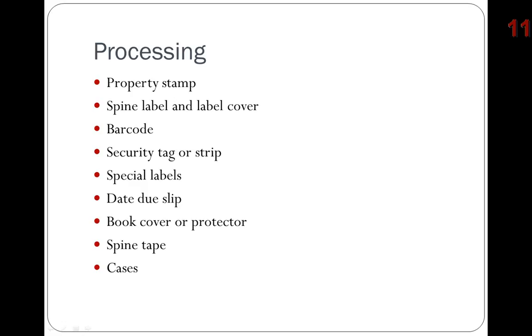And again, this will depend on the expected use of the resource. So in our collection development policy, our intention was to purchase paperbacks instead of hardbacks because they were less expensive. And so for ones that we knew that we wanted to keep in the collection long term, we would laminate them.